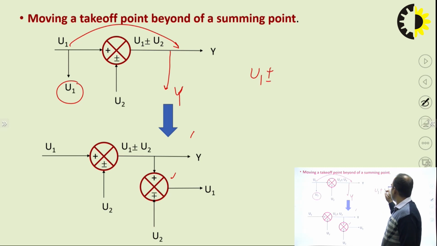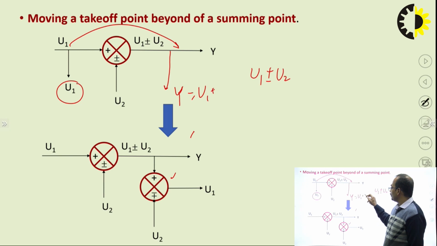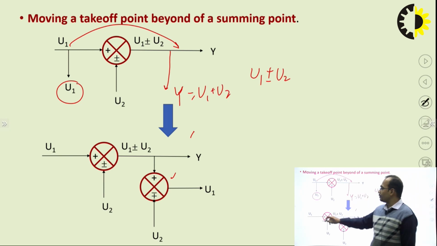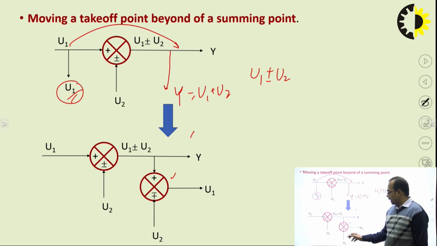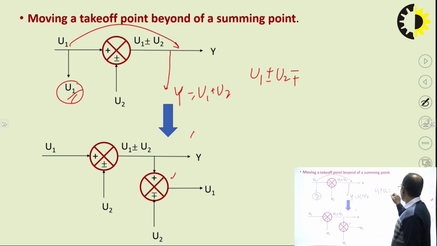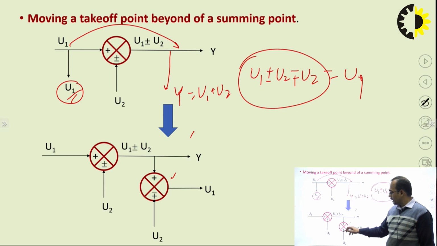If I am moving here, the output will be u1 plus minus u2, but the desired output of the takeoff point is u1. Then I will use minus plus u2 for maintaining this equal to u1. So I will add the summing point here with the opposite polarity, minus plus, so you will get u1.